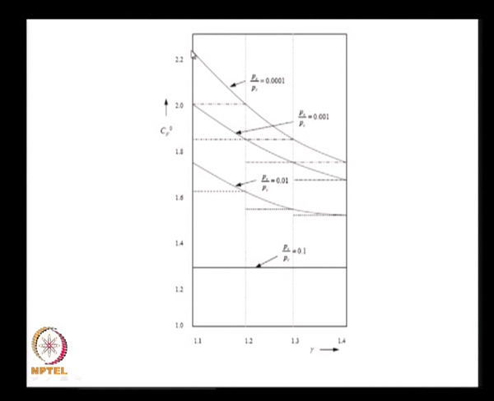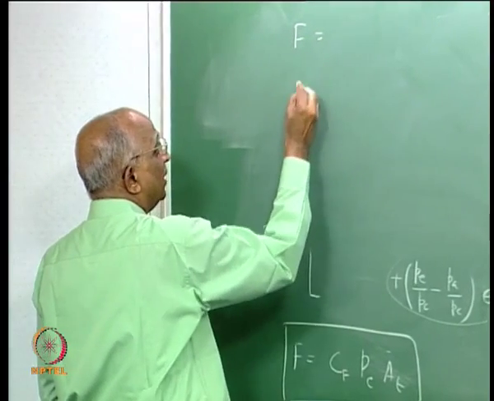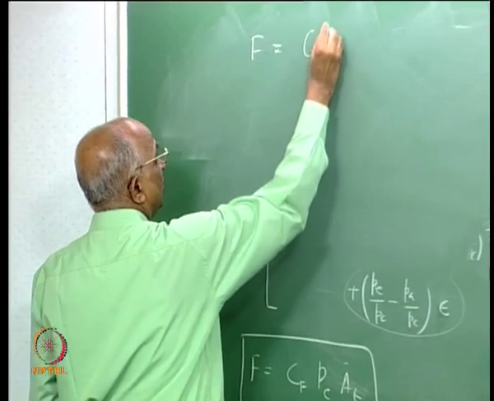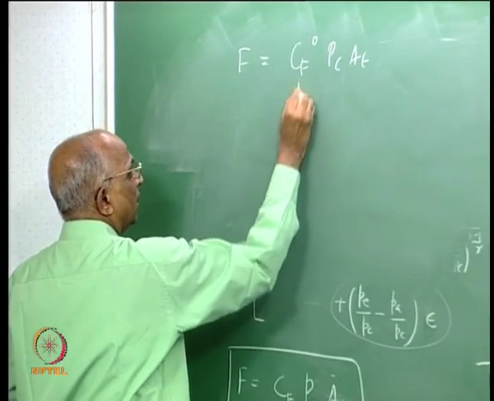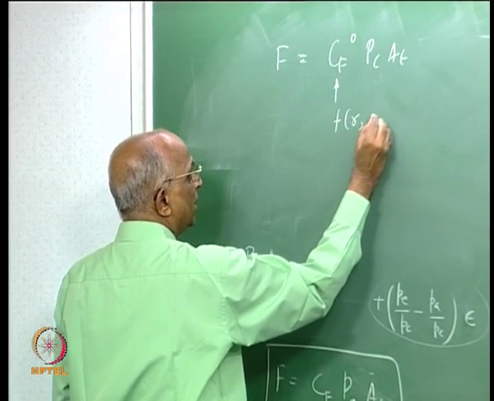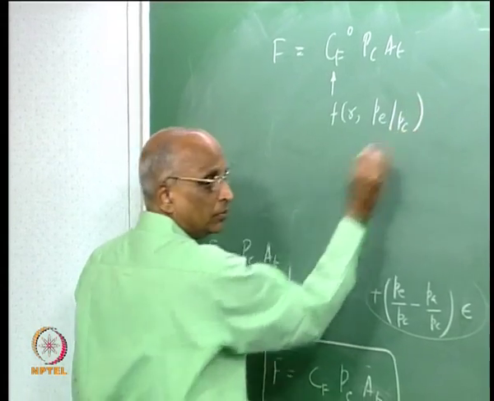Therefore, what is it I have done? We looked at the thrust coefficient, optimum thrust when you have the case of P equal to Pc, Cf into Pc At, we find that the value of Cf is also a function of gamma in addition to being a function of Pe by Pc.